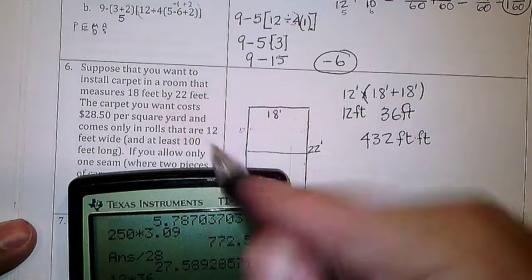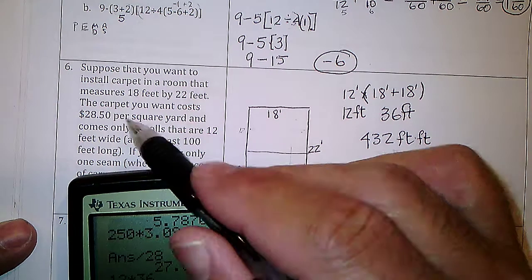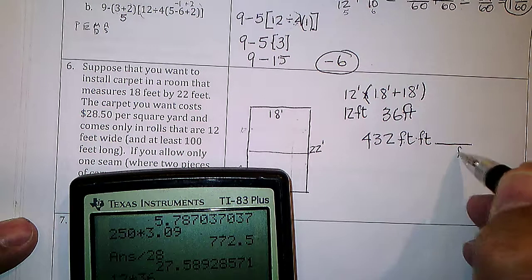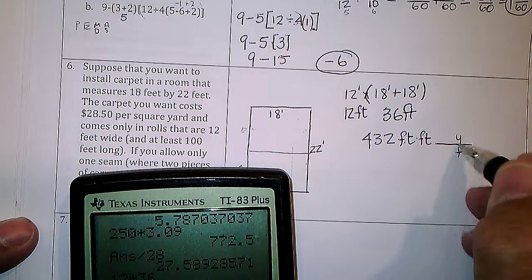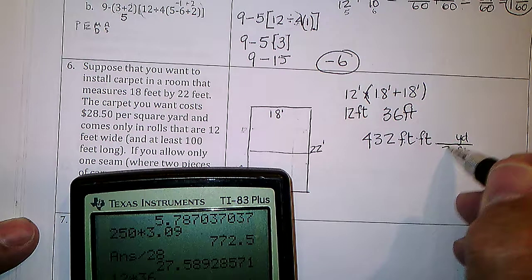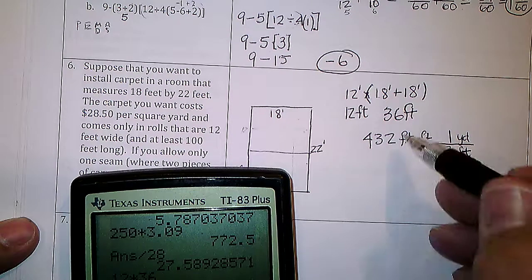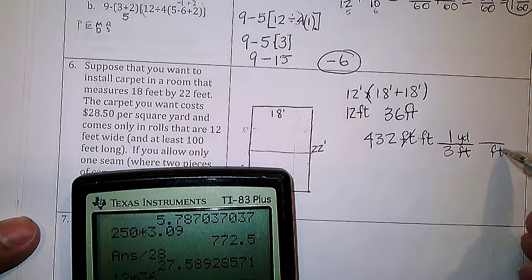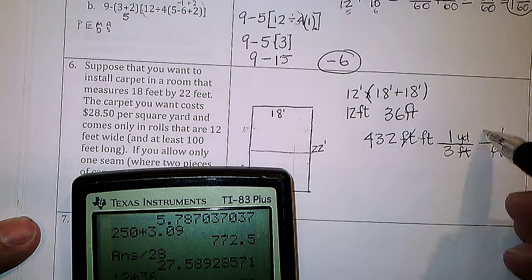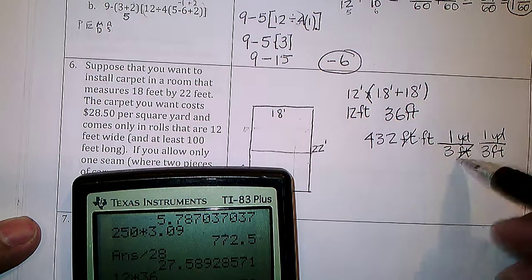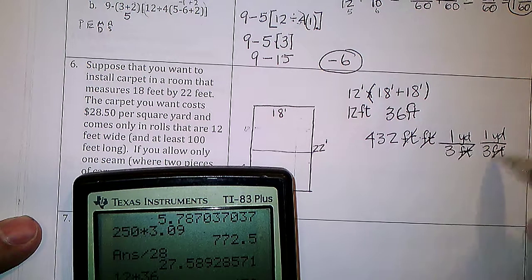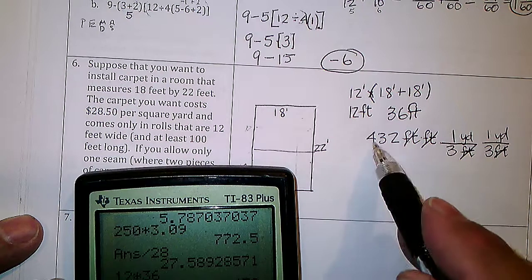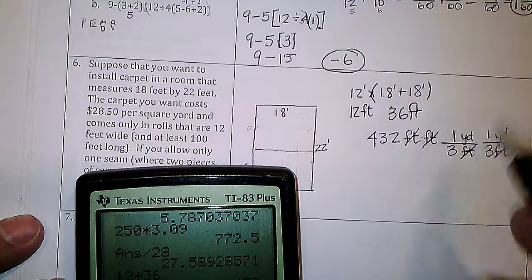But I need to do it in square yards because that's the price. So I need to get the feet to cancel and put yard. And 3 feet is 1 yard. That gets one of the feet. And then we got to get the other foot canceled. 1 yard is 3 feet. That cancels both of them, and I'll have yards squared. So I got 432 times 1 times 1.